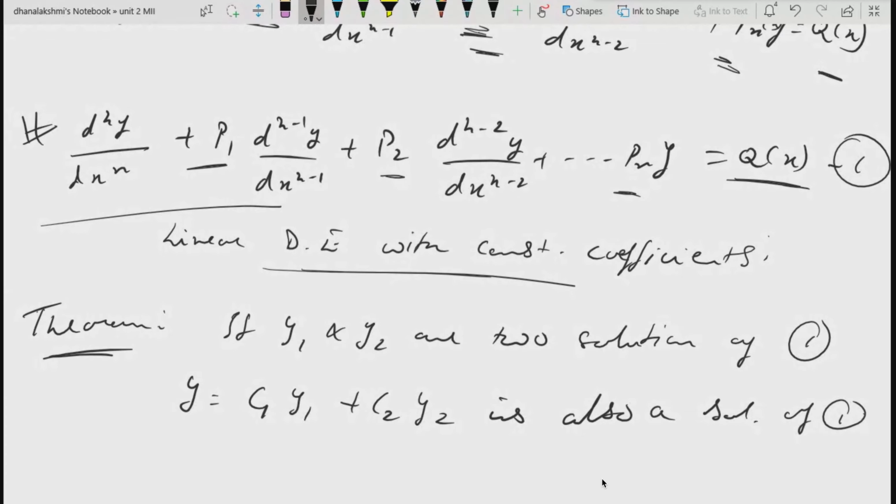N solutions, n arbitrary constants must be there. So the general solution of a differential equation of nth order contains n arbitrary constants.